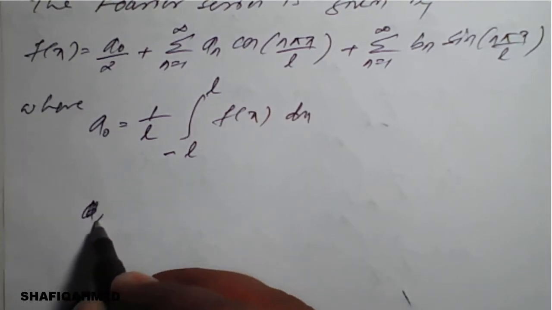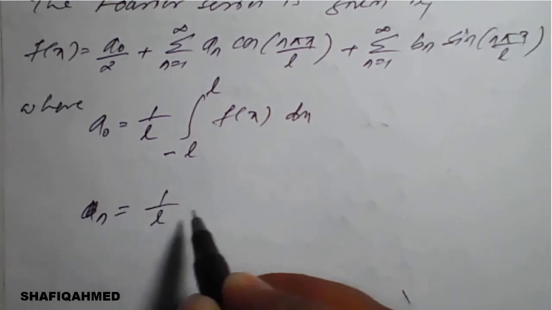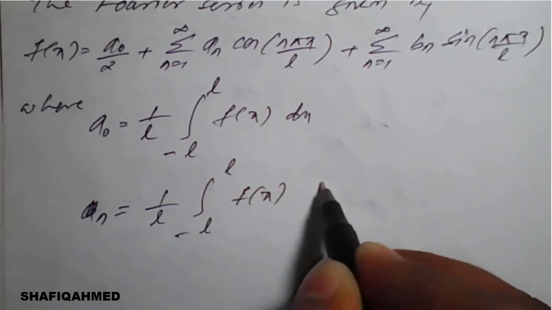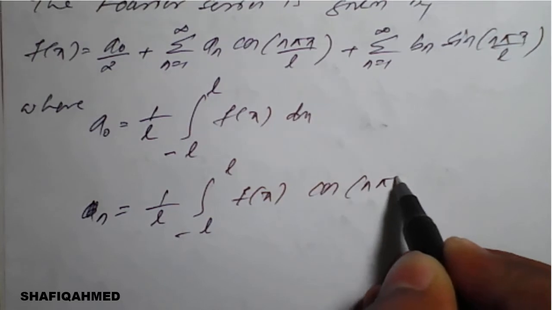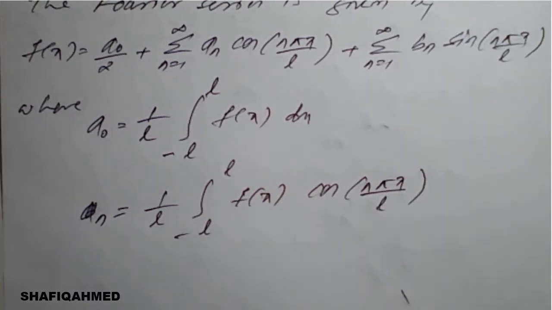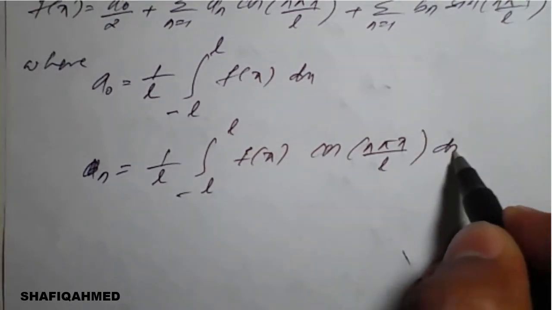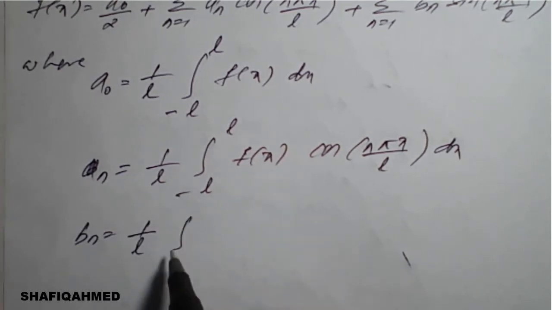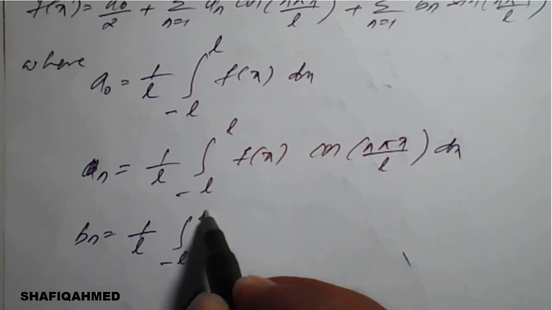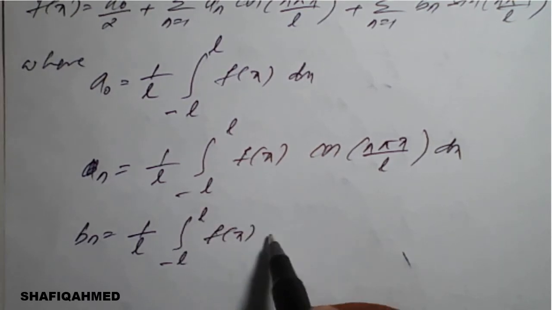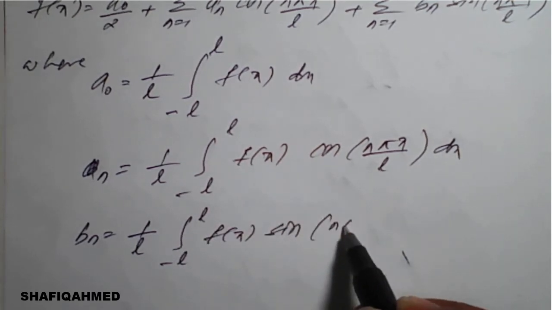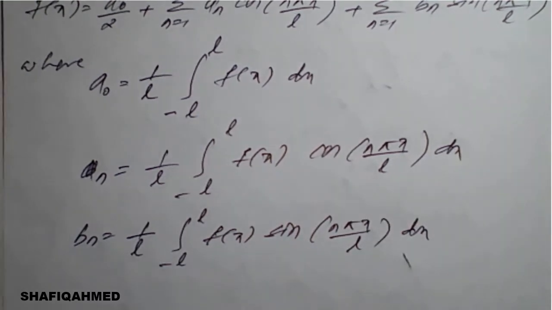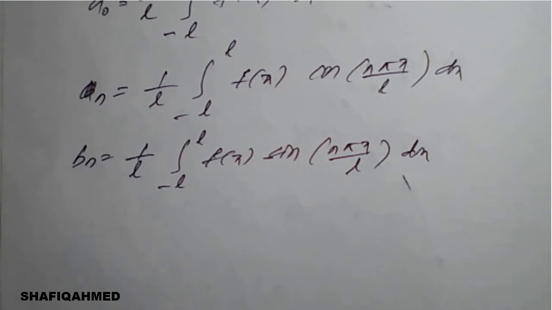An will be 1 upon L integration minus L to plus L f of x into cos of n pi x upon L into dx, and bn will be 1 upon L integration minus L to plus L f of x into sine of n pi x upon L into dx. We'll find one by one a naught, an, bn.